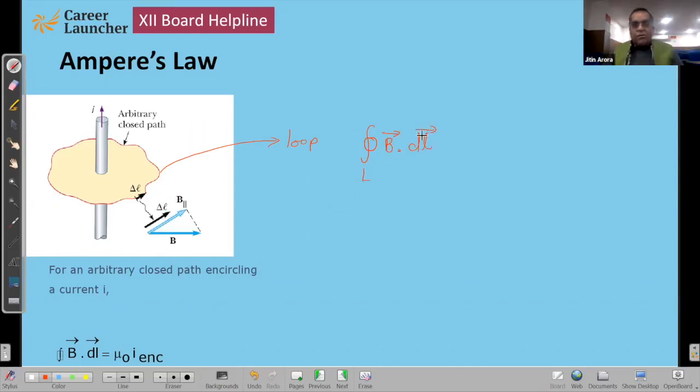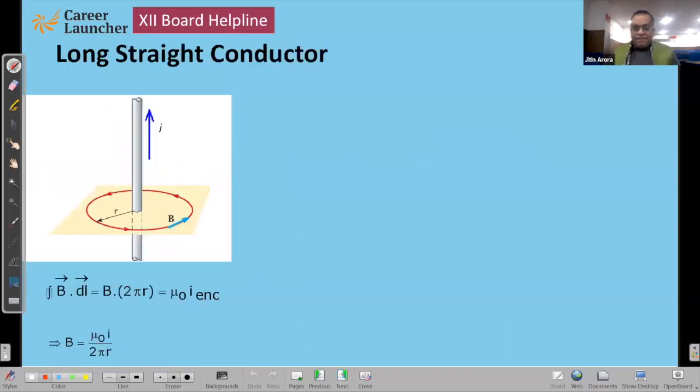So on an arbitrary loop that you've chosen, you look at the direction of B at every place along dl. So B dot dl, this is always equal to mu naught times the current enclosed in the loop. So B dot dl is equal to mu naught I enclosed. This is what we call Ampere's law, and this law is used invariably at a lot of places in the practical application of magnetic field.